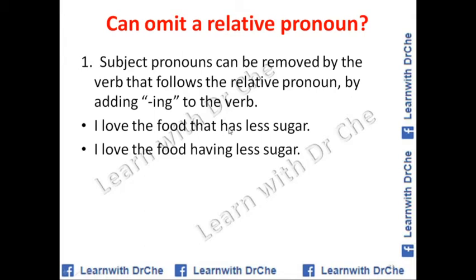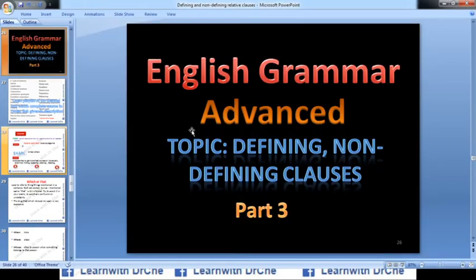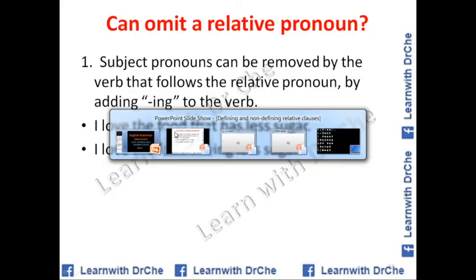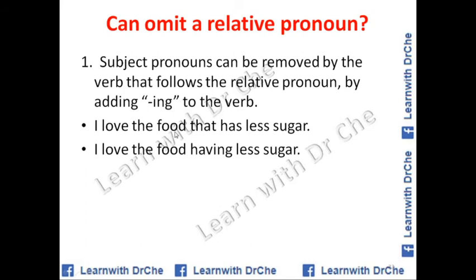This is a defining relative clause, and this is where the subject pronoun can be removed. So, I love the food that. That is used as a subject pronoun. Subject pronoun, that. The food that has.